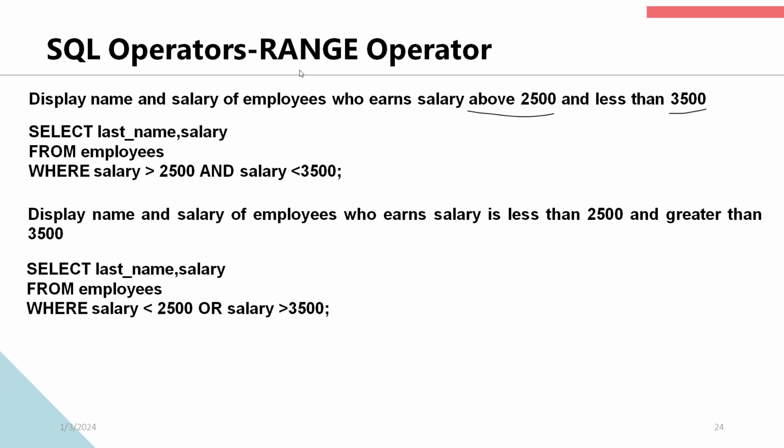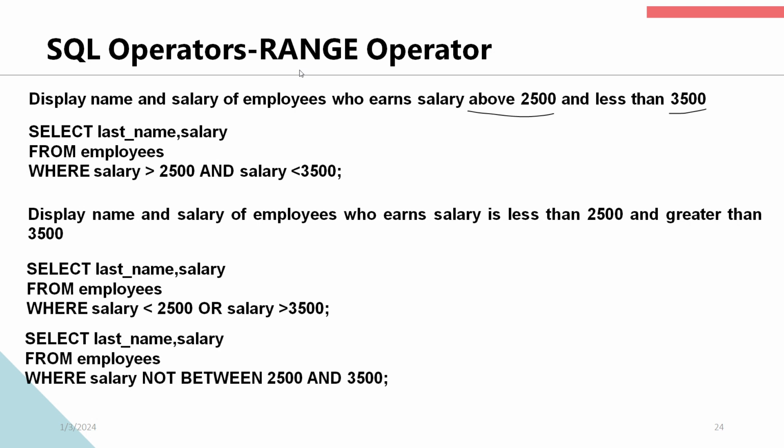So either you can go with the comparison operator. Whenever you are using comparison and logical operators, as this is negation, boundaries should not be included. The negation of the AND operator is the OR operator. Otherwise you can mention not between, specifying the range of values 2500 and 3500.